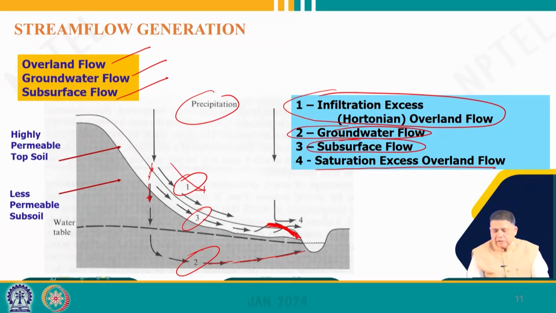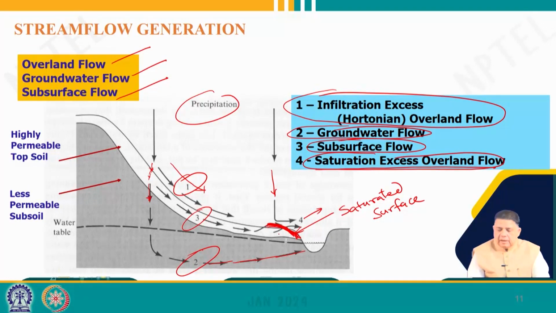And if it is a saturated ground surface, then whatever precipitation occurs directly on this saturated surface will obviously be converted into overland flow, and that is referred to as saturation excess overland flow.